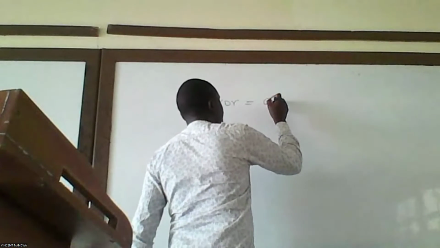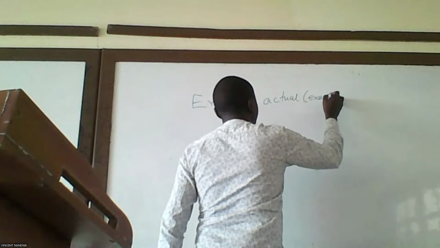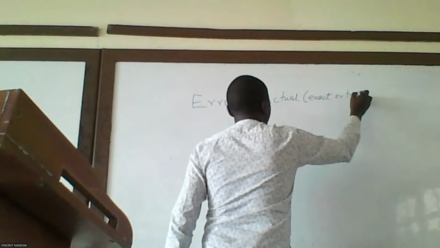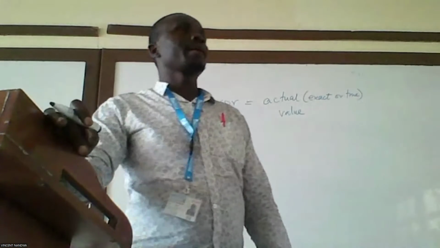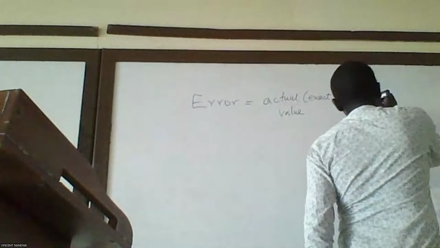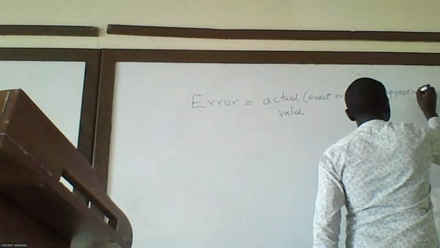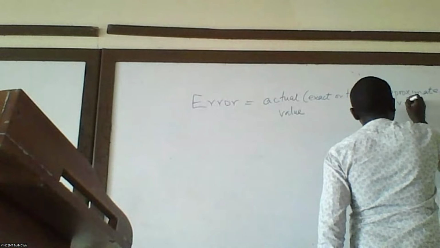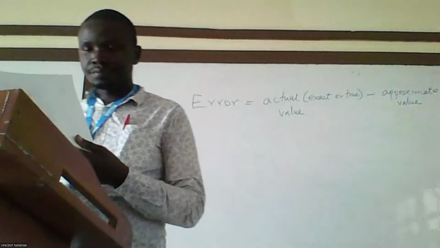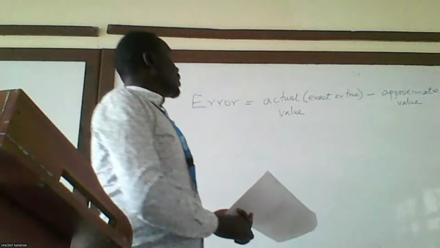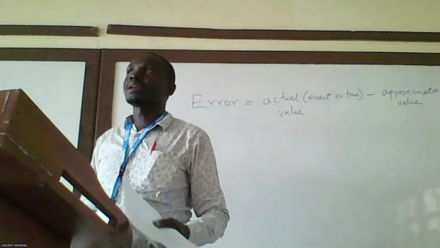So the word actual can also mean exact or true value, and the approximate value. So actual, true, or exact mean the same thing. So the difference between these two will give us error.